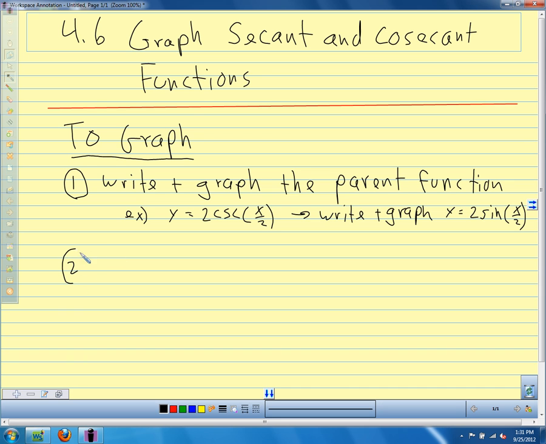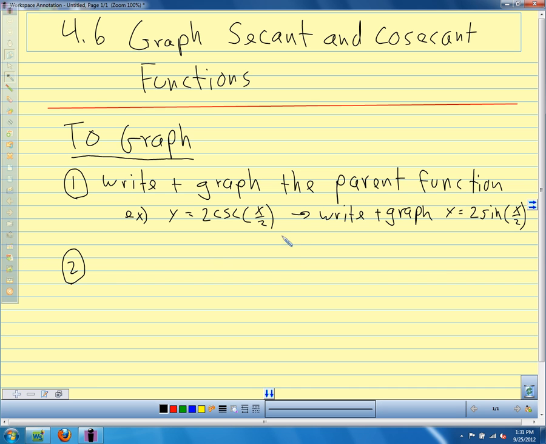Our second step, because our cofunctions are reciprocal functions, everywhere the parent function is 0, we're going to have an asymptote because we'll be dividing by 0. So everywhere the parent function is 0, the secant or the cosecant, the cofunction, is going to have an asymptote.